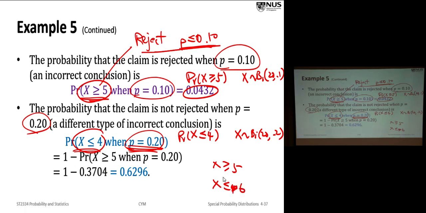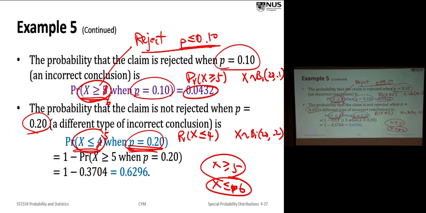No, you cannot do that. It must be complement of each other. So you can only change this number. Maybe you change it to 6, change this to 5. It's okay. Then you have to recompute the probability. My original cutoff I set as 5. Greater than or equal to 5, make a decision.